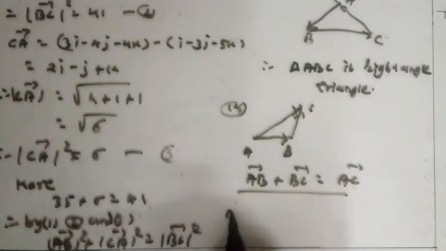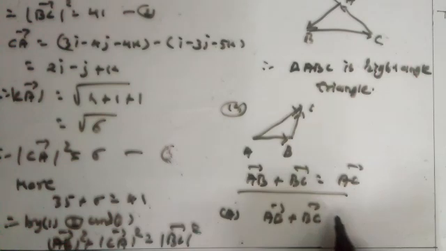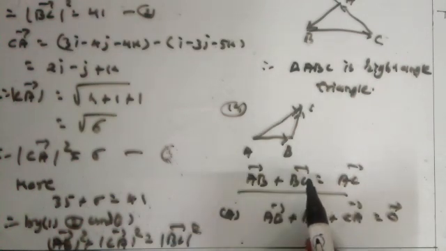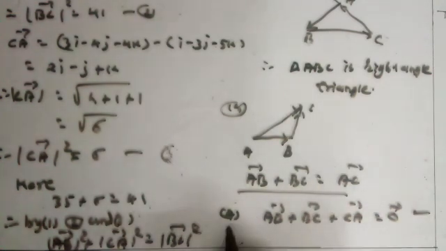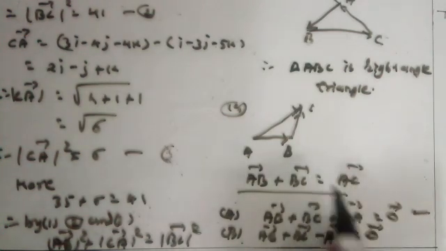Remember this. First, option A: AB plus BC plus CA is equal to 0. Here take AC to this side, so we get minus AC, and minus AC is equal to CA, so this is true. Okay. Second, B: AB plus BC minus AC is equal to the 0 vector. AC taken to this side gives minus AC, so this is also true.